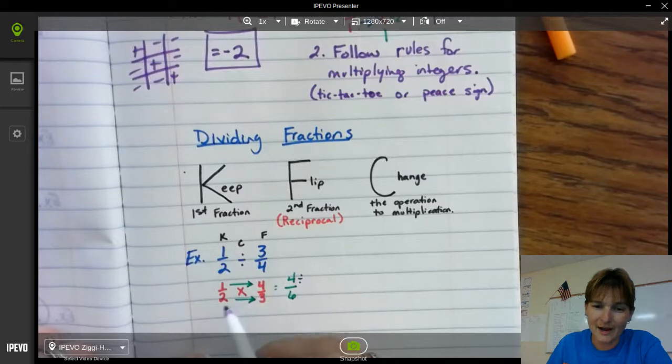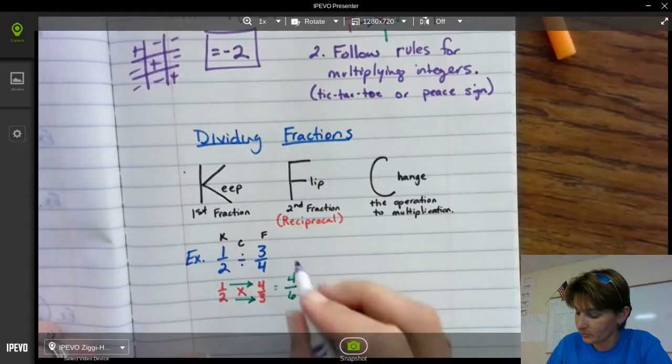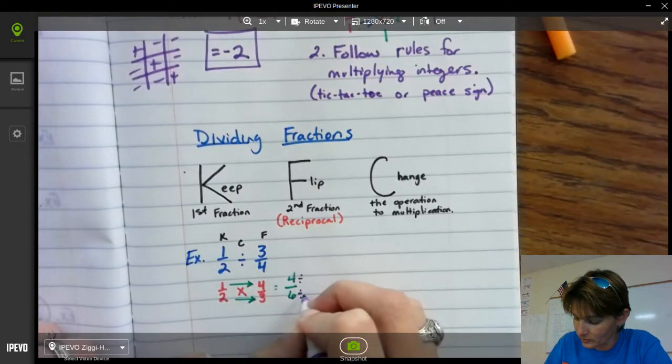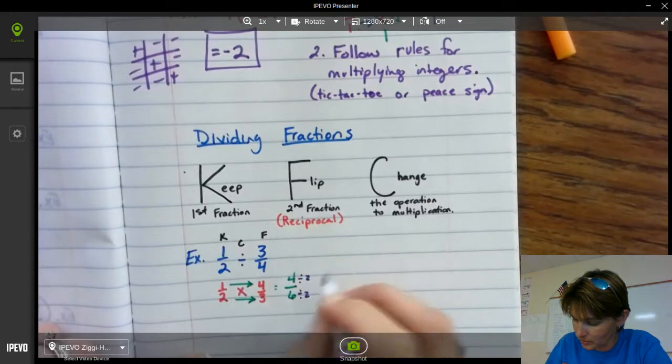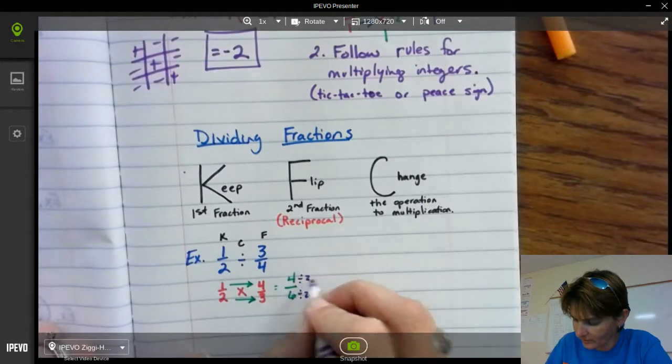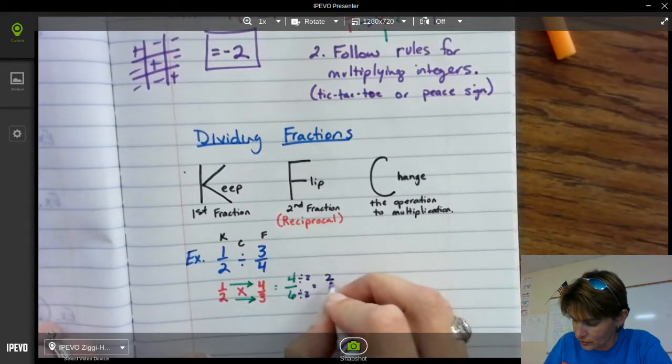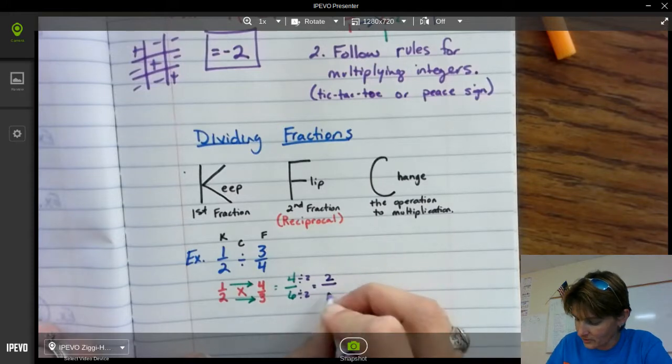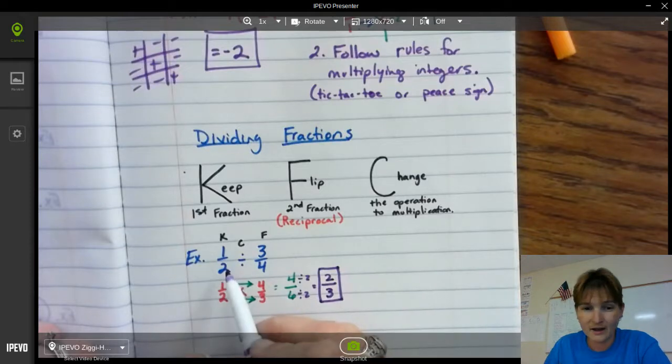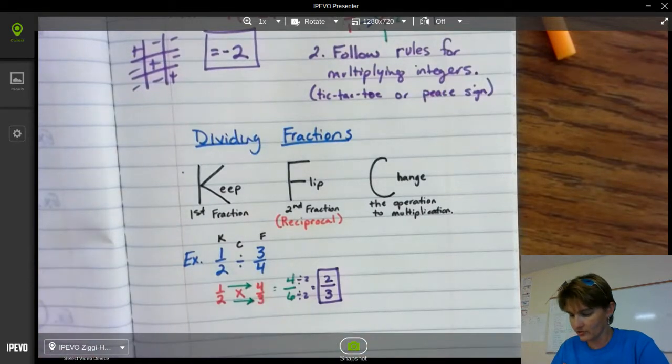You can also reduce diagonally with the 2 and the 4, which is something we talked about yesterday, and I can do that in a different example. So we're going to reduce both the top and bottom by 2, and 4 divided by 2 is 2. 6 divided by 2 is 3. And so your answer for 1/2 divided by 3/4 is 2/3. All right, so I'm going to review our steps.